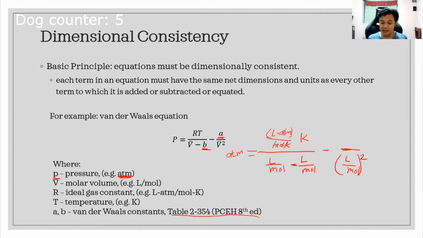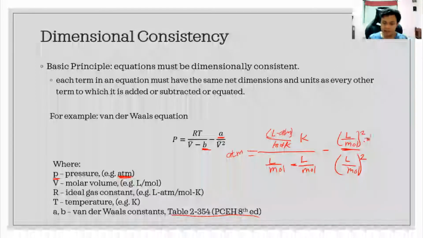Now we are tasked to find a. As you can see, there is a molar volume squared here. For us to cancel it and have atm left, the units of a must be liters squared atm per mole squared.